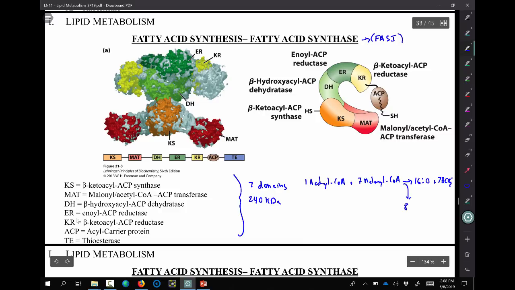There will be 8 total coenzyme A's that come out of this process, and the process will need, as we will see, 14 NADPH. So that's the reaction that this enzyme is going to catalyze.